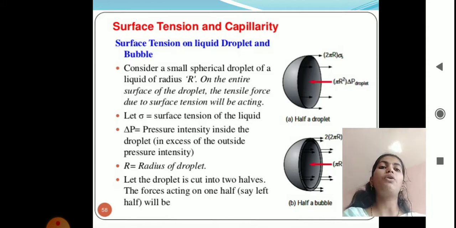The force acting on one half, say the left half, will be considered. In this diagram we see the two halves. One droplet is cut through the center into two halves, and one half is one part of the droplet.